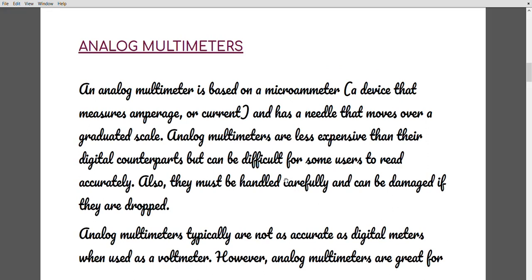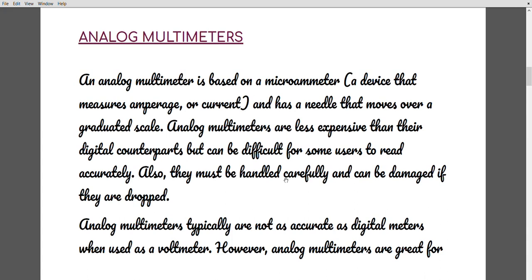If we classify the multimeter, there are two types: analog multimeters and digital multimeters. Let us see analog multimeters first. An analog multimeter is based on a microammeter, a device that measures amperage, otherwise called current, and it has a needle that moves over a graduated scale.